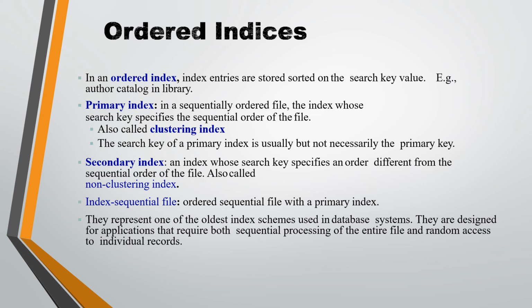And here we will also discuss the secondary index, an index whose search key specifies an order different from the sequential order of the file, and it is called a non-clustering index. Index sequential file means an ordered sequential file with a primary index. It represents one of the oldest index schemes used in database systems. So overall, ordered indices means the index entries are stored sorted on the search key value.